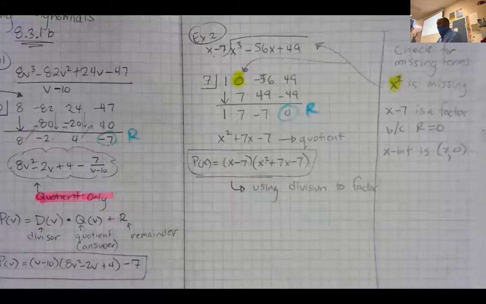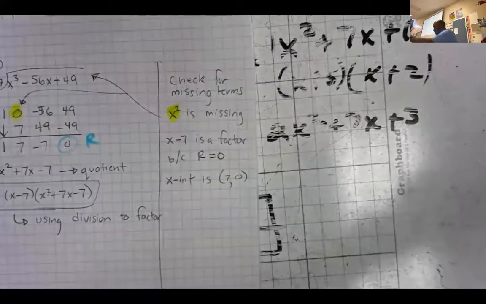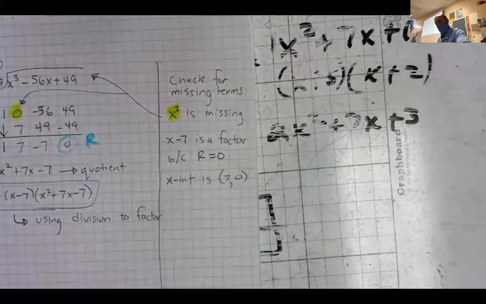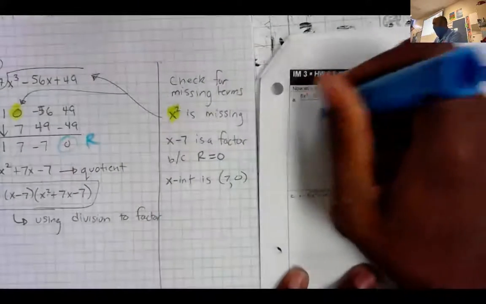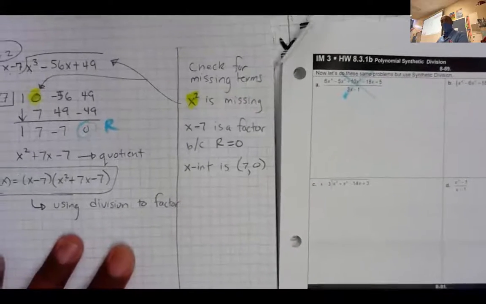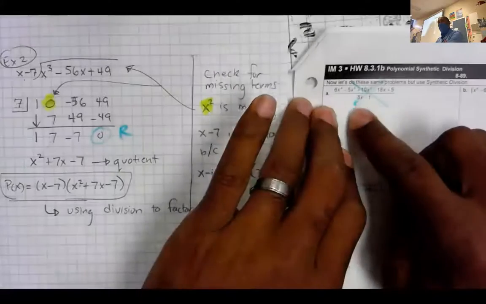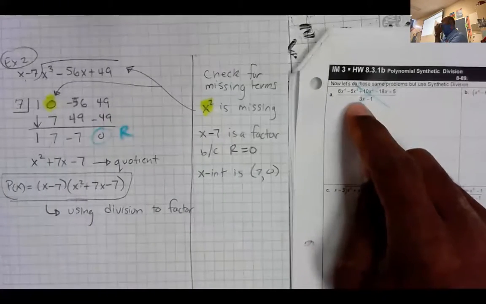Okay, so last thing I'm gonna do is go over some things in the packet. First thing is just a reminder, cross that one out. Don't do that one in 8.3.1b, because, like I was explaining in the beginning, in order to do synthetic division, that first number on your divisor has to be 1.